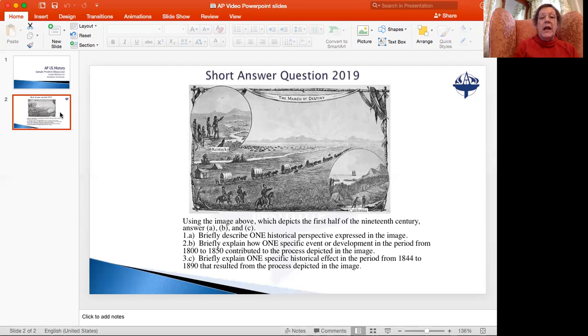And this debate led to things such as the Wilmot Proviso. It led to the Kansas-Nebraska Act, both of which helped to lead to the Civil War.